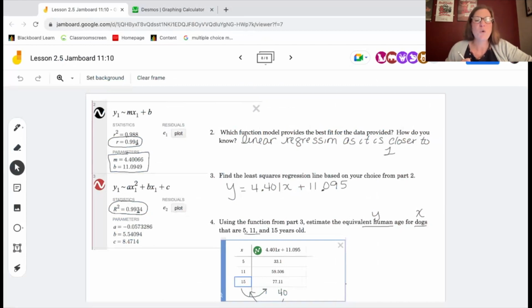So it only allows us to input x values to find the output, but you will have to use algebra to find x if y is, let's say, 40 as an example, human years. In order to find the dog years, we would need to use algebra in order to get x by itself. So that's just kind of a downfall, but using the table feature could certainly save you some time as well. And that, my friends, is the end of 2.5.